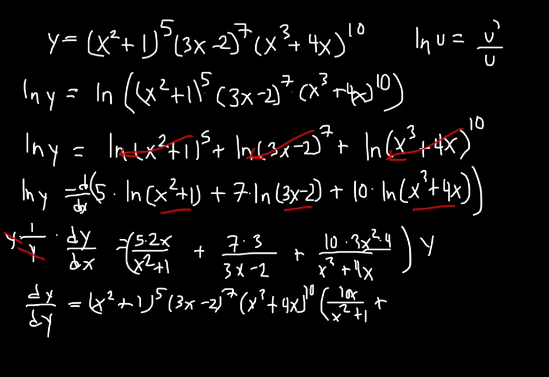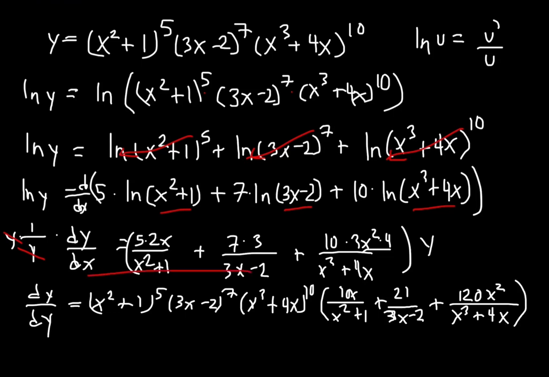plus, 7 times 3 is 21, so 21 over 3x minus 2, plus, 10 times 4 is just 40, and then 40 times 3x squared is 120x squared, all over x cubed plus 4x.